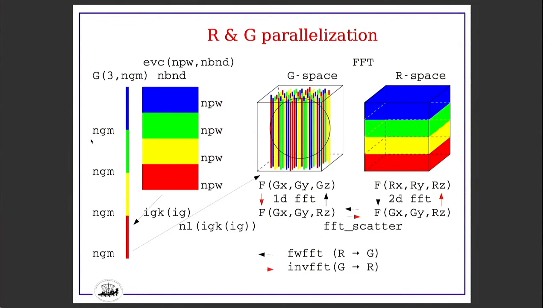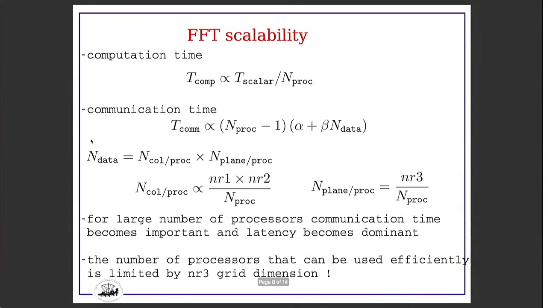Instead, here you have some slices, some slices for some RZ, but you have all the GX, GY. And then at this point, you can do a 2D FFT in X and Y, and then each processor has slices of the object in real space. Nice.